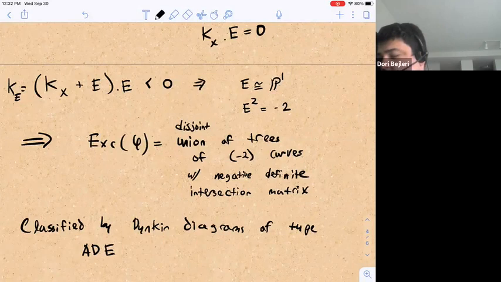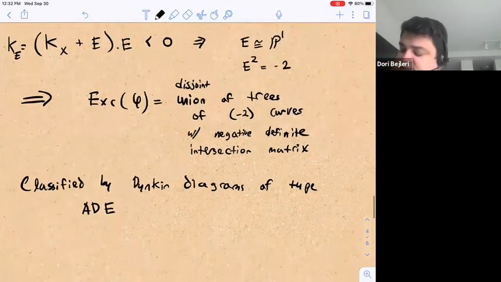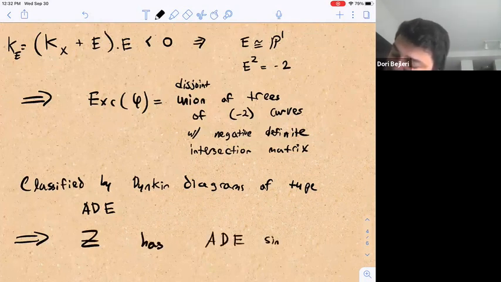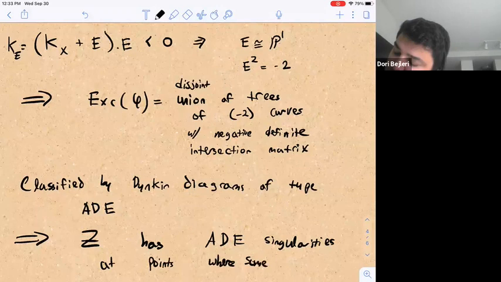And so what is this map doing? It's contracting curves with these ADE configurations, and then some more classical surface theory tells you that Z has what are called ADE singularities at points where some minus 2 curves are contracted.